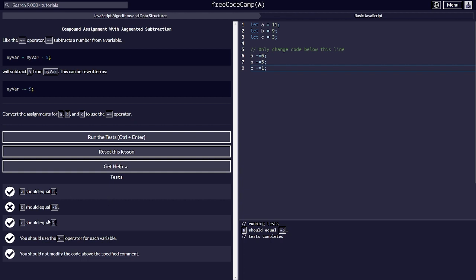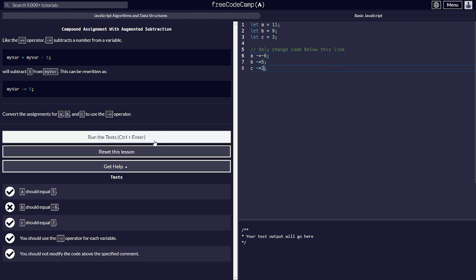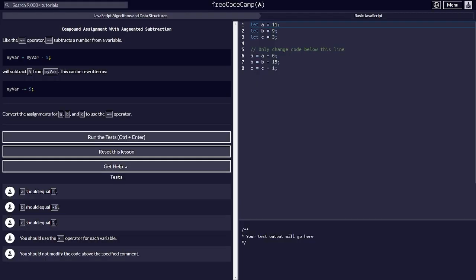Oh, wait a second. Minus 6. And this one should equal 2. I messed up. Alright, so A should equal 5. So we got 11 minus 6.